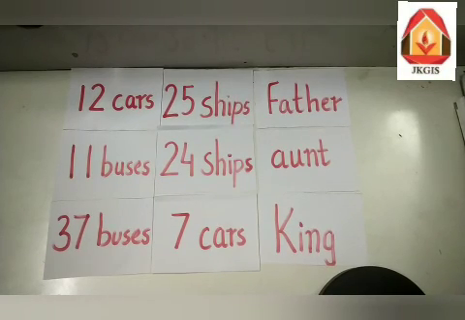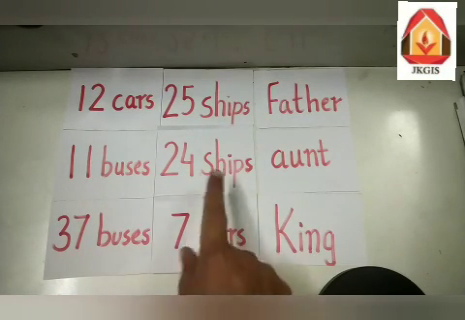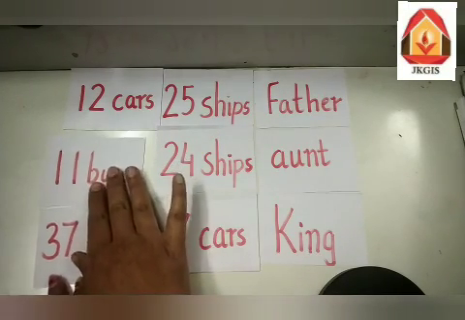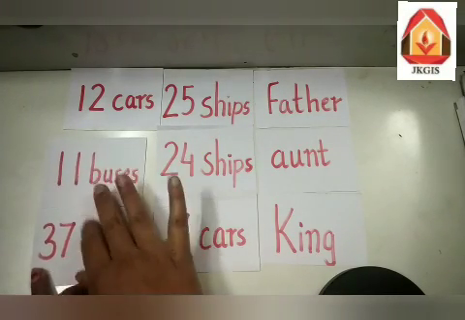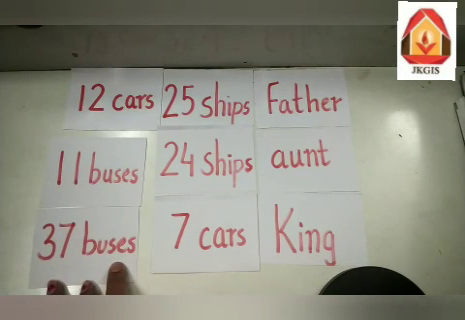So, to create an addition problem, first we will take out some vehicles which are similar, like we have cars, buses, ships. So let us take buses first. So here I have taken 11 buses, 37 buses.